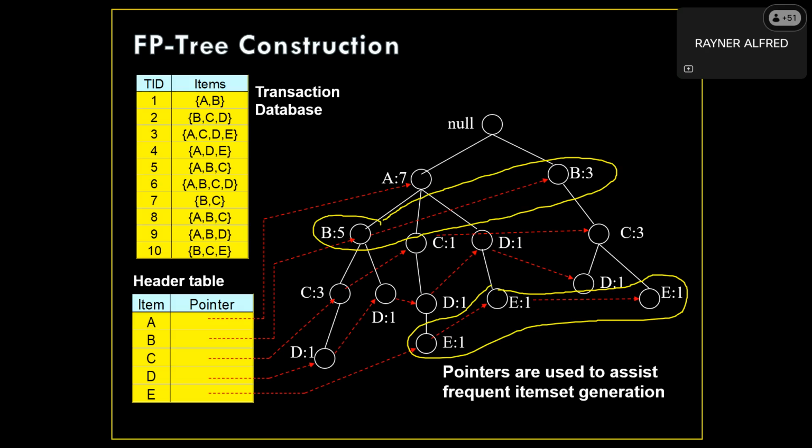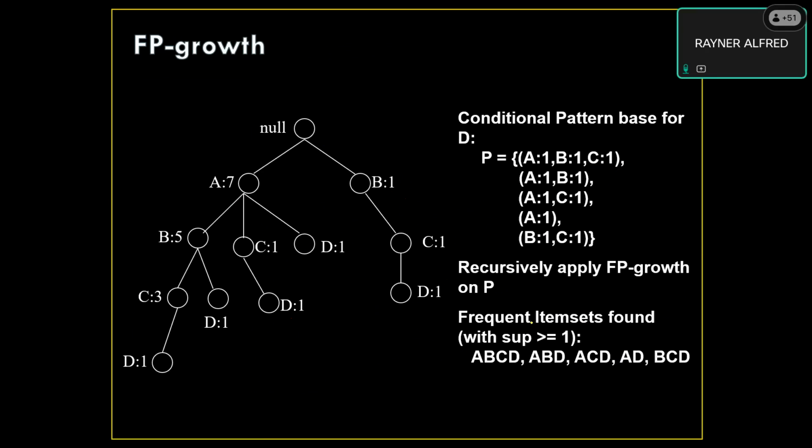Okay. So when we look at the application here, for example, if the minimum support is 1, then basically we have A, B, C, D, because the minimum support is 1, right?